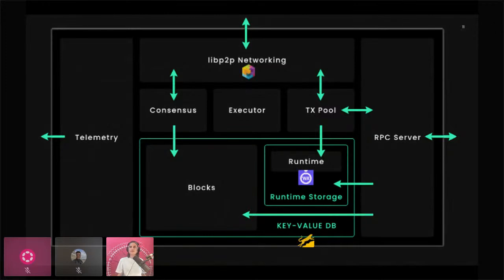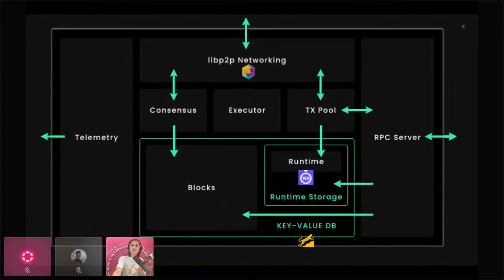The runtime of a Substrate chain is different from, say, the runtime of a gaming engine, right? But similarly, it's where the application-specific logic of the blockchain lives. It is compiled down to WebAssembly, stored in the storage layer of the node, and upgradable thanks to the fact that it's a simple WASM blob.